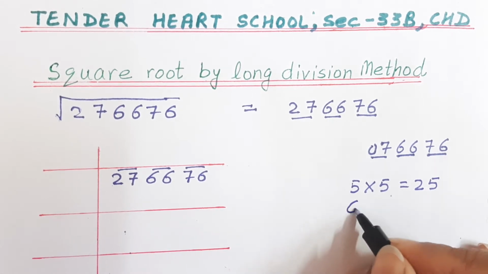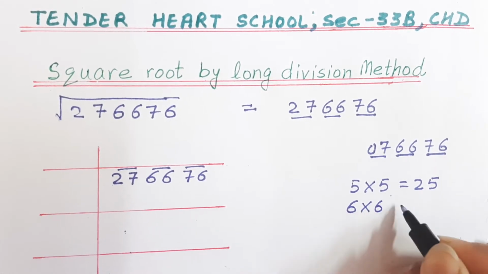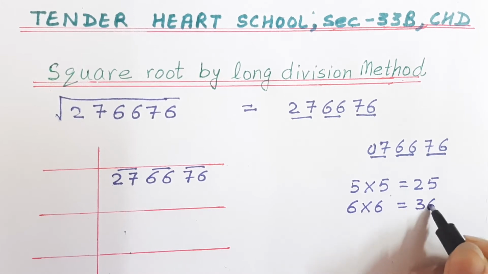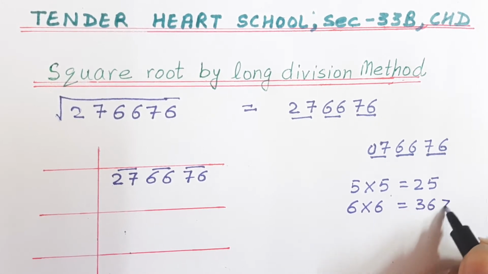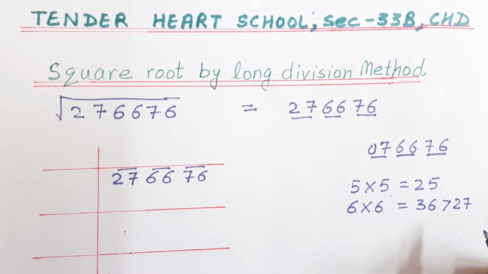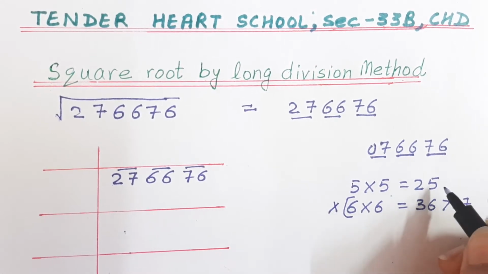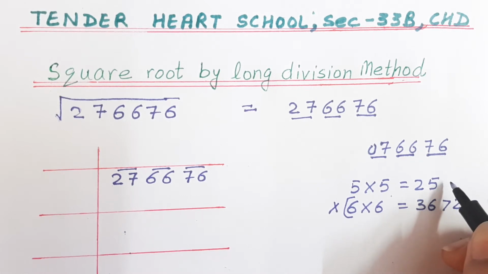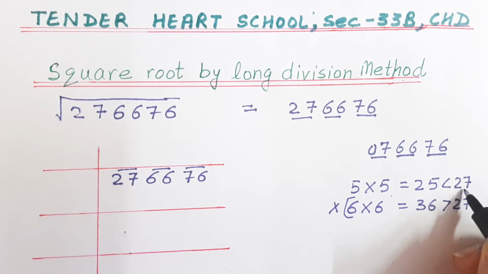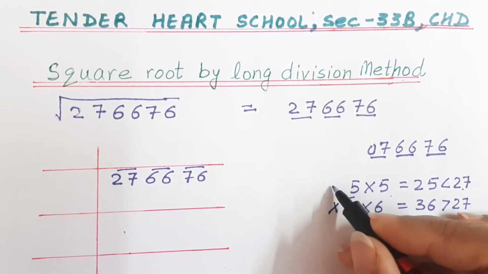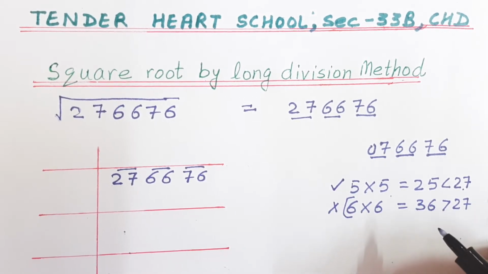If I consider 6 multiplied by 6, that is 36. Now 36 is greater than 27, so I will reject this. And 27 is greater than 25, so I will consider this one.